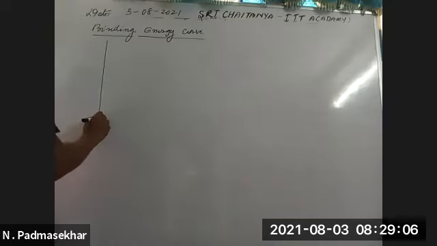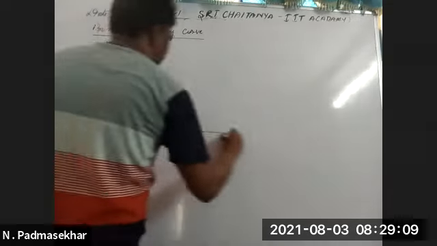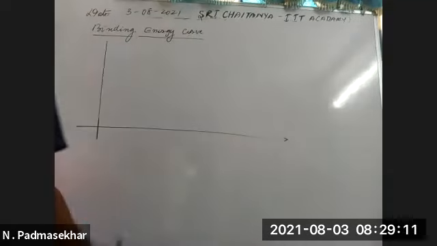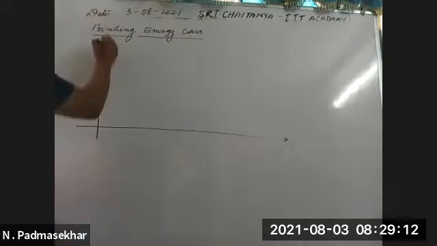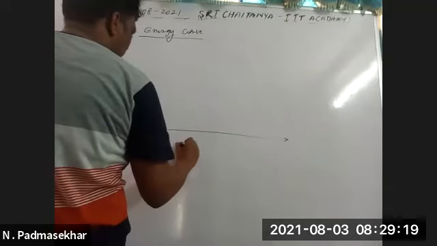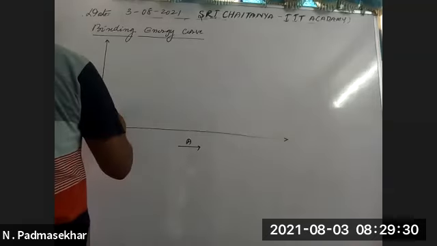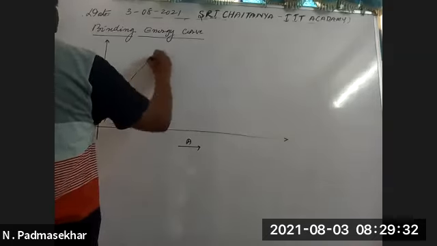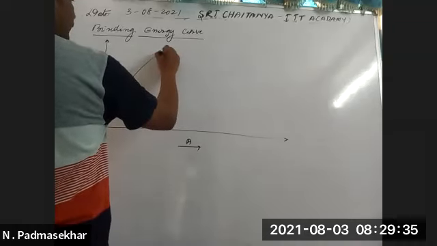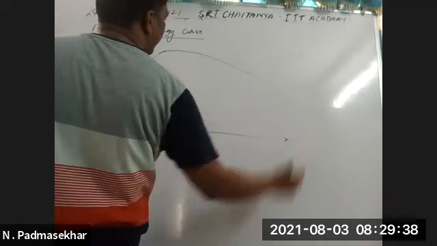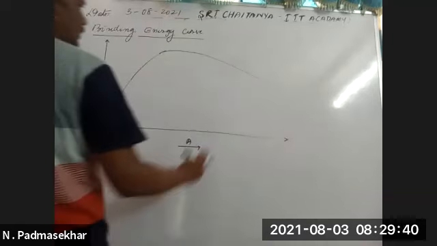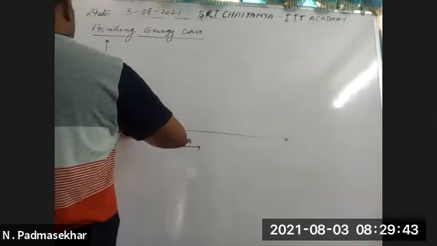First, I have to draw the curve. This is the binding energy per nucleon, and this is the mass number. The binding energy per nucleon versus mass number graph is the binding energy curve. The curve comes like this.